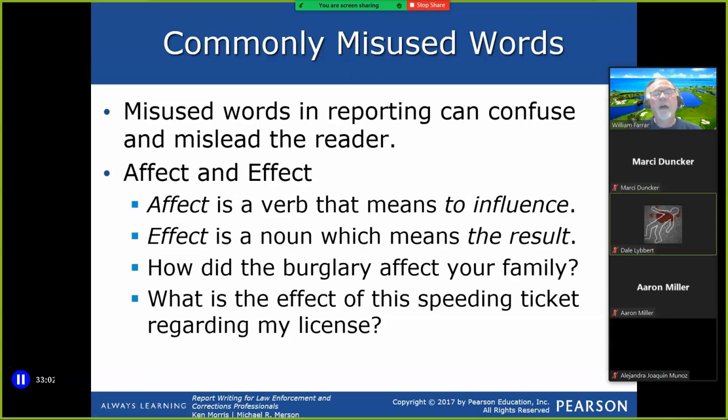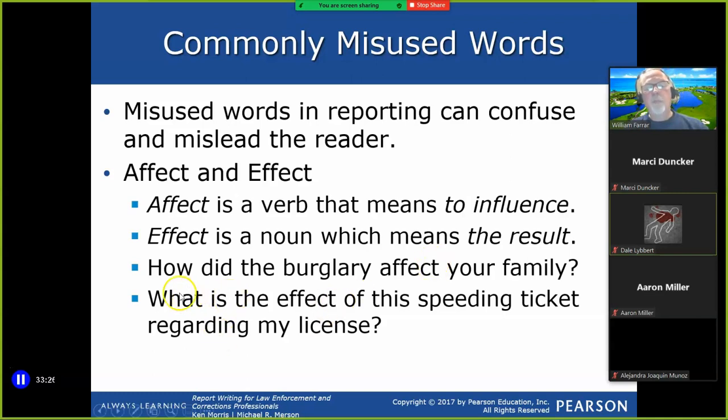The same with affect and effect. Okay. A lot of officers mess these up a lot. I kind of stress the A and the E because it helps me remember. But affect is a verb that means to influence, and effect is a noun which means the result. Okay.